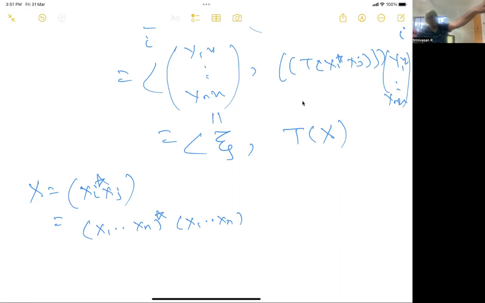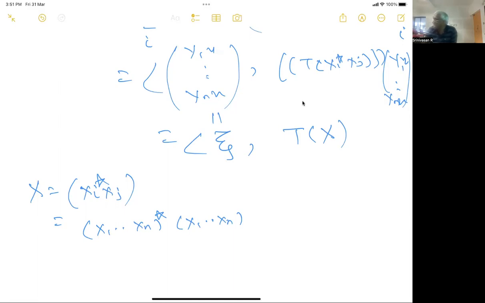That is what this matrix is. It's like a rank one projection, but it's not. It's an operator way of writing. So this is of this form x_i star x_j. This is a positive matrix. You apply it on that.